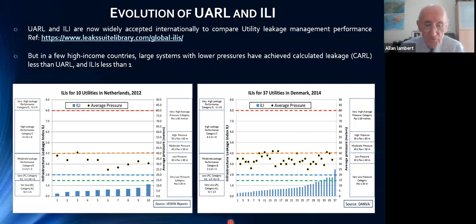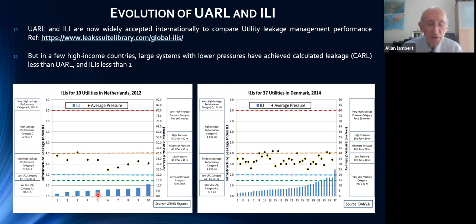These graphs show ILIs for individual Netherlands and Danish utilities, Netherlands on the left, Denmark on the right, as blue columns. I know they're a bit detailed for you maybe to pick up, but I just wanted to pick up some points here.